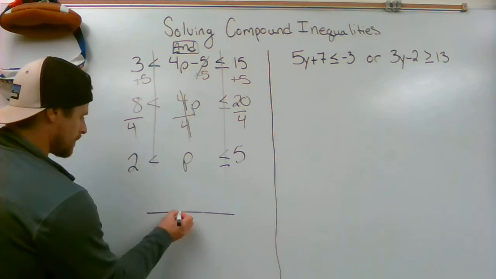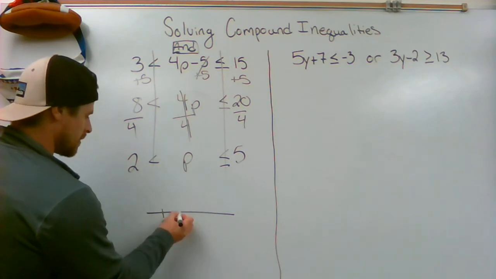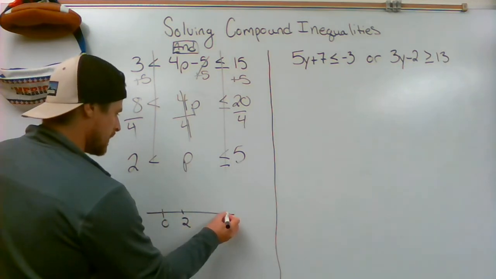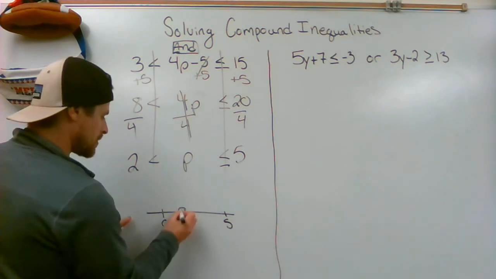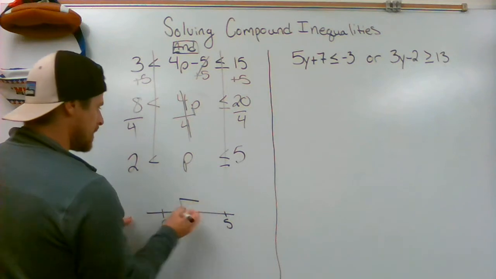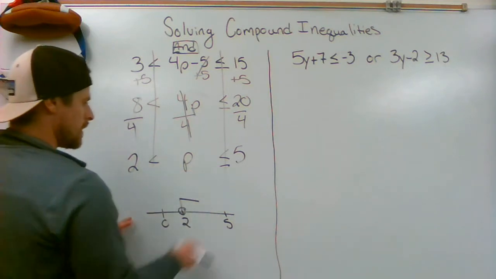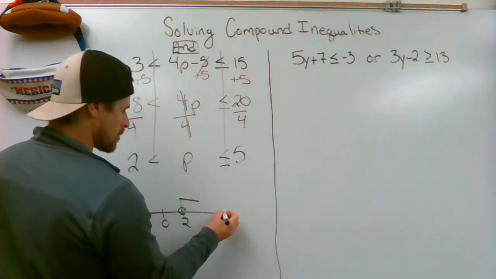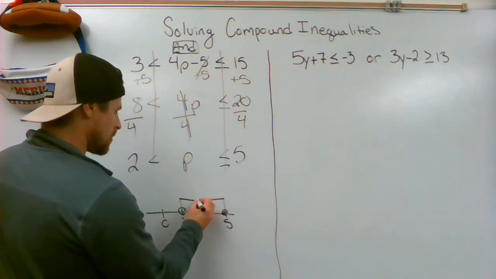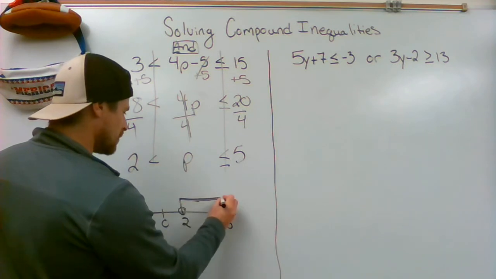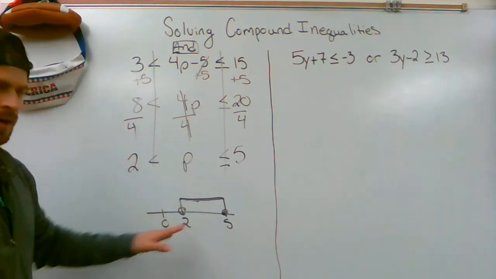So if I'm going to graph it, I'm going to have a 0. I always put 0, 2, and then 5. This is a number line. I'm going to have an open circle at 2 going to the right because P is greater than 2. I'll have a closed circle at 5 moving to the left. Remember, my arrows are going towards each other, so my solution would be given as this graph.